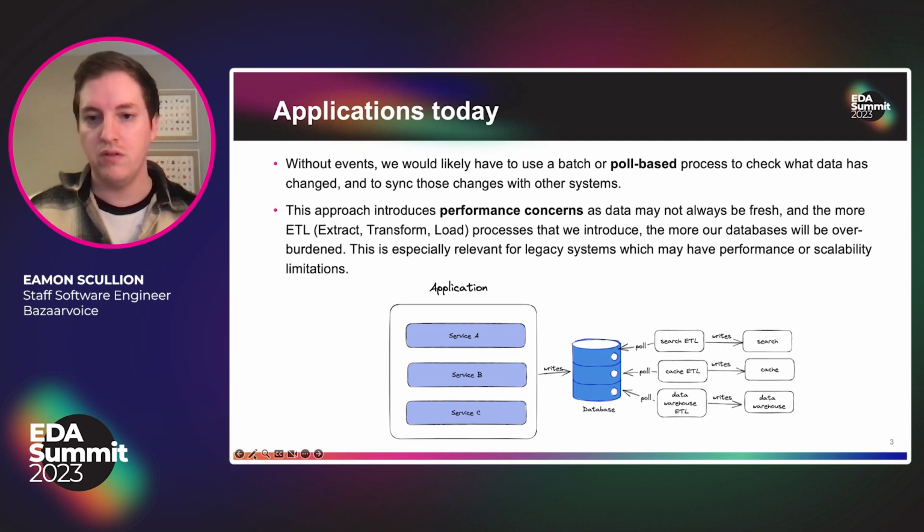This is especially relevant for legacy systems, which may have existing performance or scalability limitations. If we look at the example we have here, we have an application and we're doing all of our writes to a database, and to sync the changes to other systems, we're having to pull on an interval using ETL processes, and then those separate processes update their respective systems.